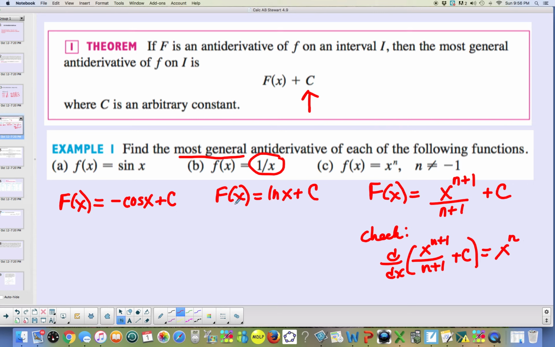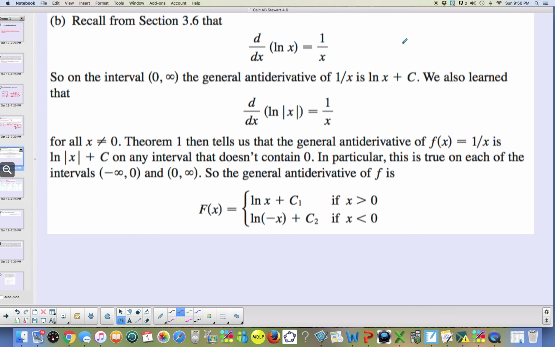Now let's take a look at this. F of x equals the natural log of x plus c, and let's take a look at more details. The derivative of natural log of x is 1 over x, and let's talk about x here. The domain of the natural log has to be positive, so we want to write the absolute value of x right here.